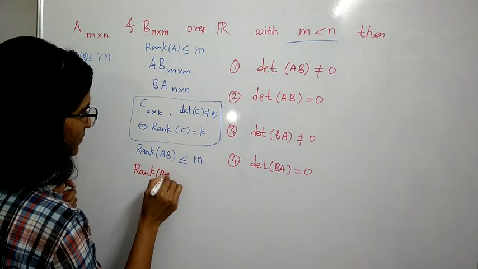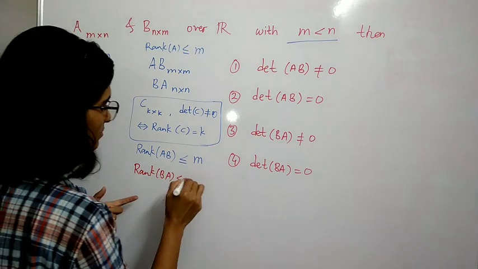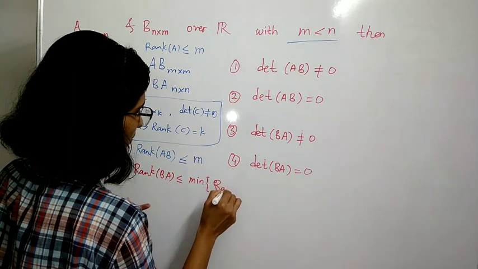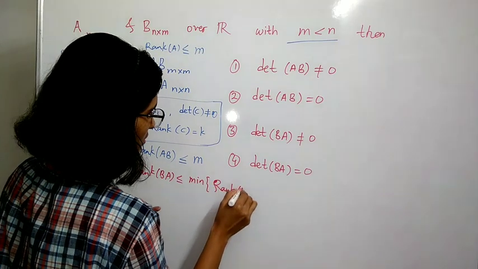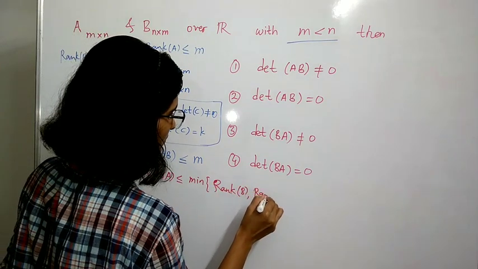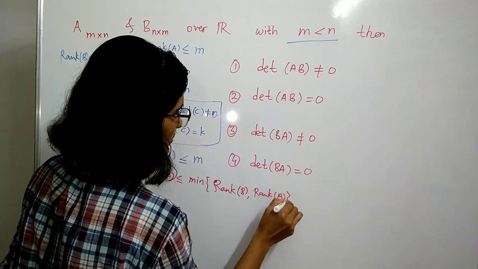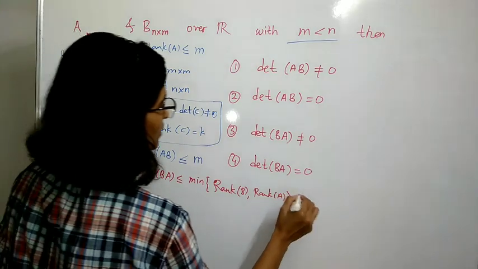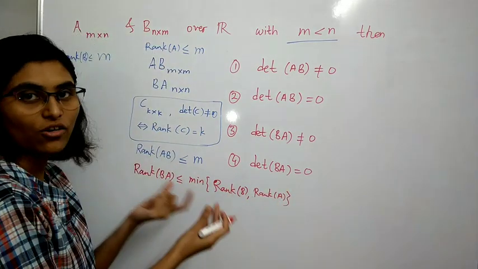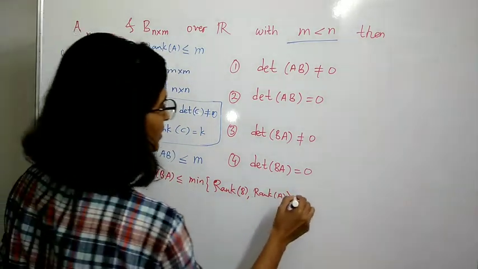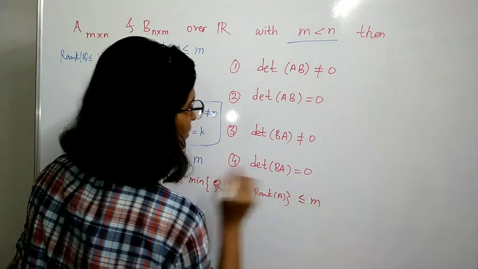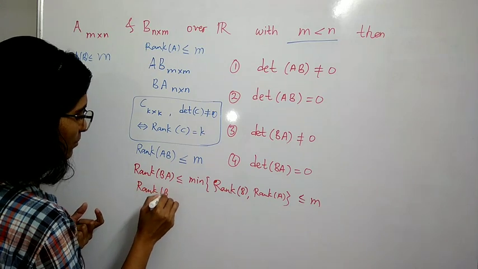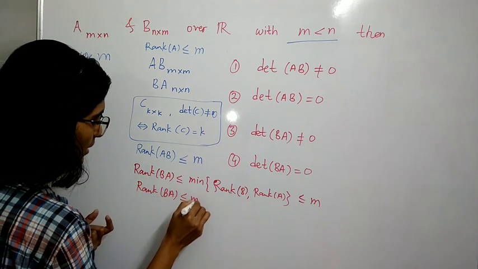Rank of BA is less than or equal to the minimum of rank of B and rank of A. And we have just seen that rank of B and rank of A are both less than or equal to m, so the minimum is less than or equal to m. Hence we have rank of BA is less than or equal to m.